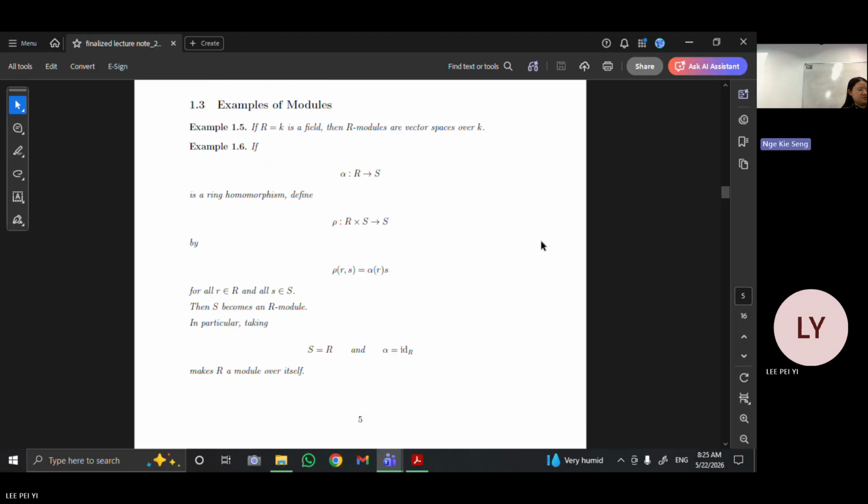Example 1.6: let alpha be a ring homomorphism from R to S, and we define the action of R on S as below. Then S becomes an R-module.